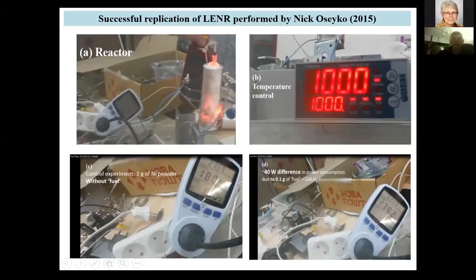And then one can compare the energy consumption of the test specimen with no fuel and with the loaded fuel. You can see on the bottom part of this slide that the control specimen shows an energy consumption of 180 watts, while the loaded one shows a consumption of 140, which means that at least a 40 watt difference is produced in this reactor.